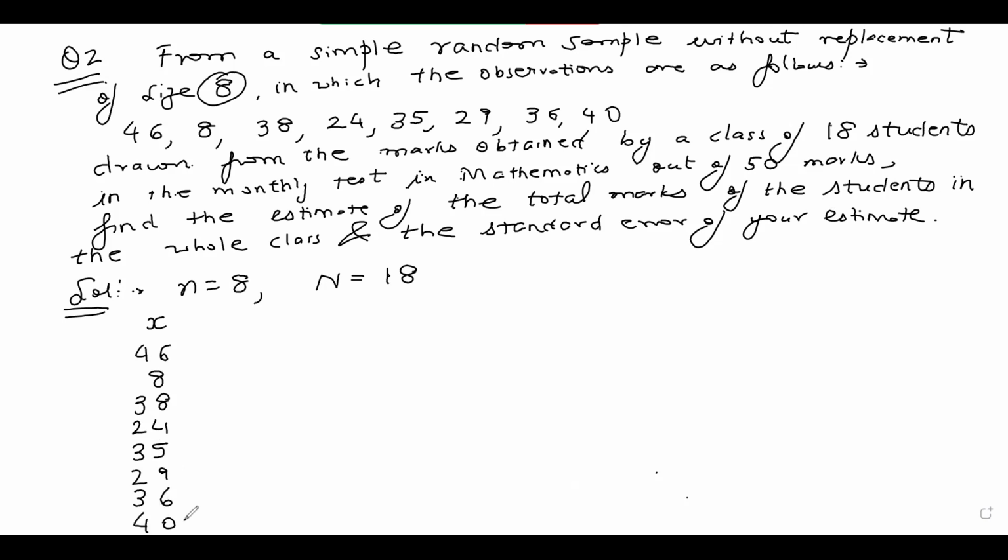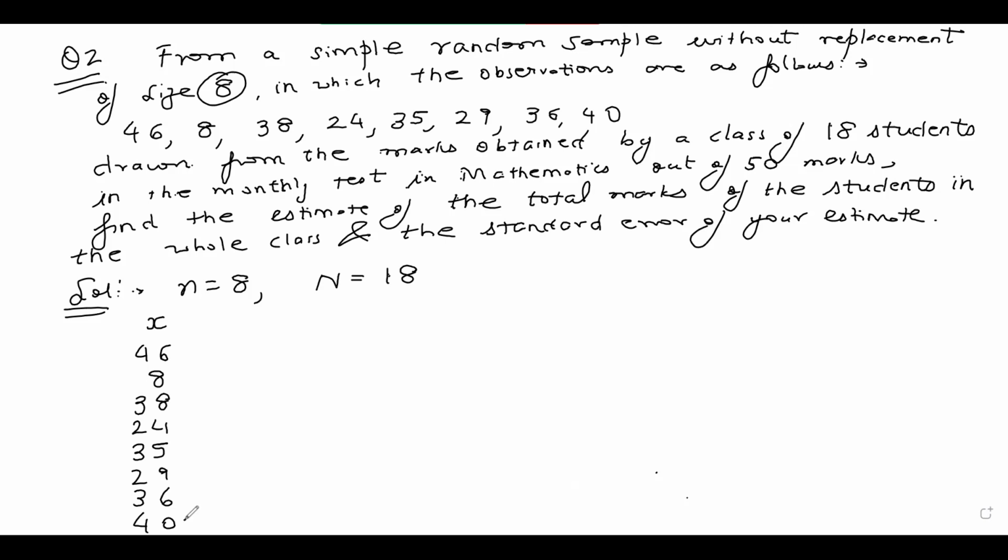To calculate the total marks, one thing I can first calculate is the sample mean. From the sample mean, I can not only estimate the population mean, the average marks of these 18 students, but I can also estimate the total marks. In order to do that, first let me calculate the sample mean.